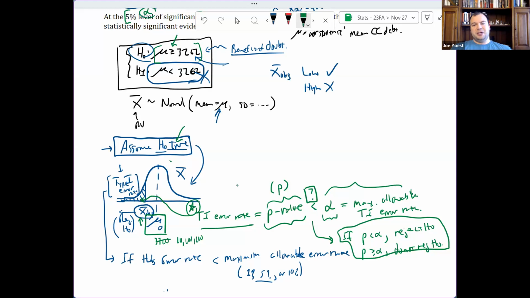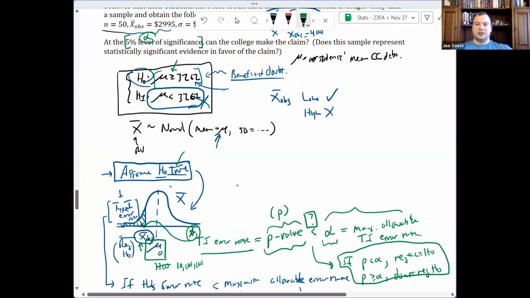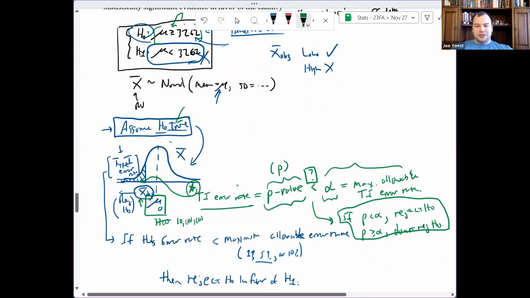Well, because if H naught is true, I don't know what H naught is. I just know that it's bigger than or equal to 3262. I see that the larger the mu naught that I choose to test against, the further away it's going to be from X bar observed, and the smaller the tail is going to be.